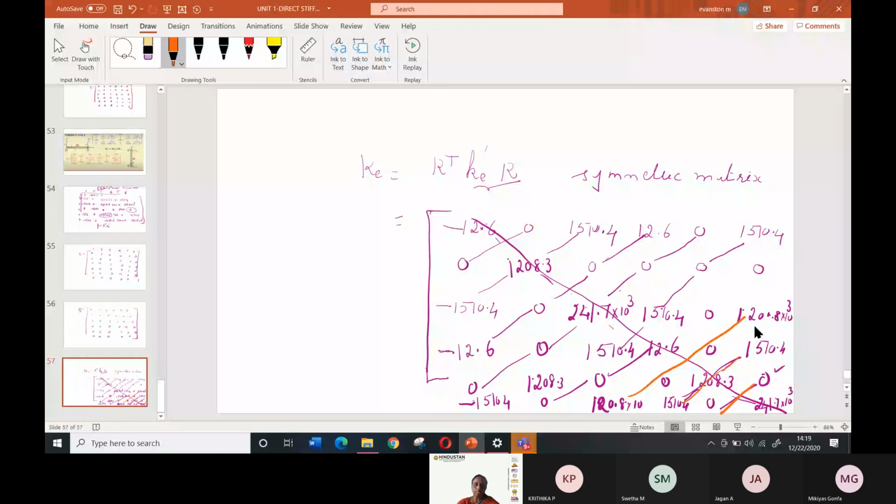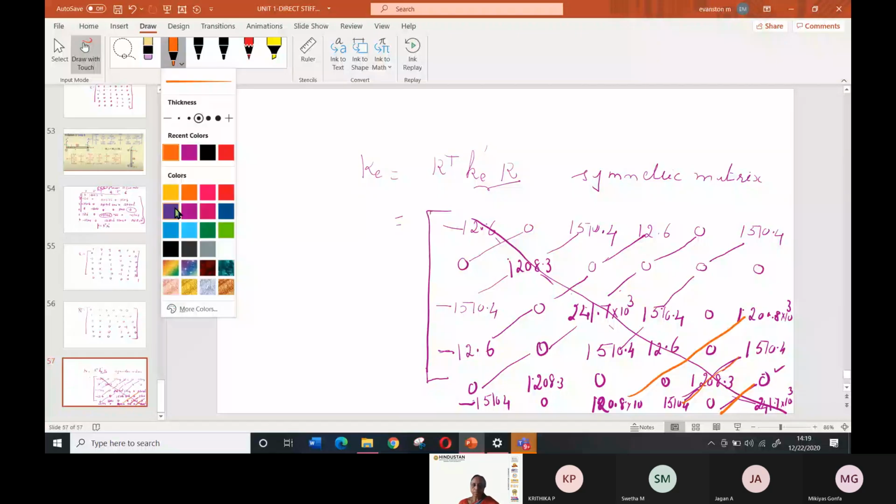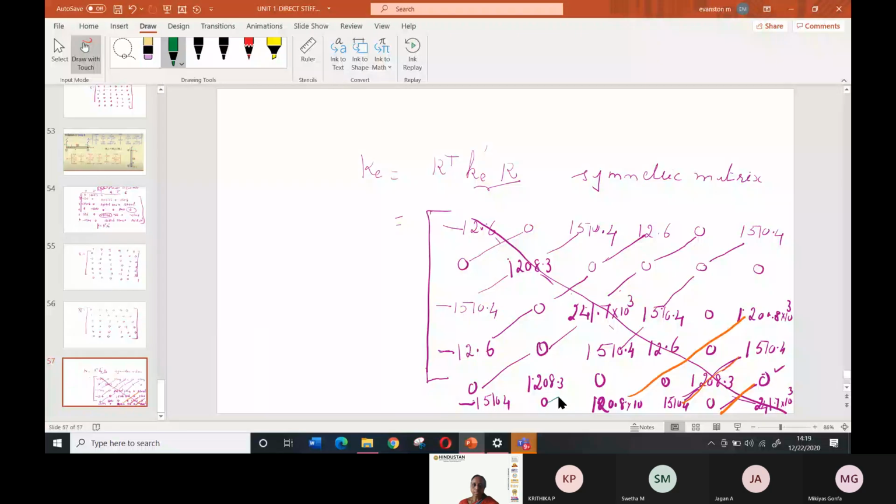Then if you take this one, I'll take another color. If you connect this one, this, this.